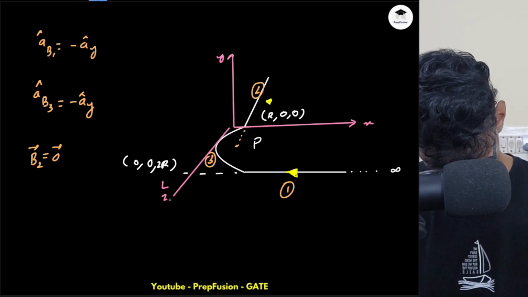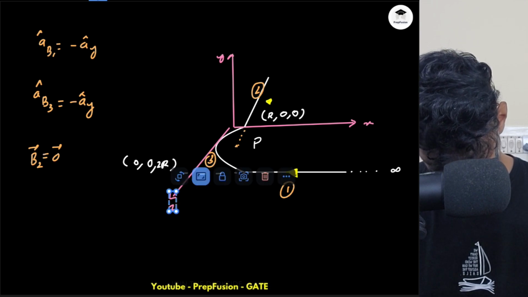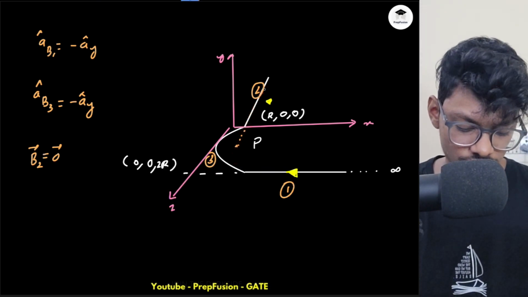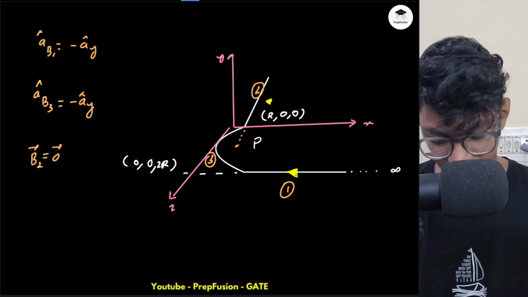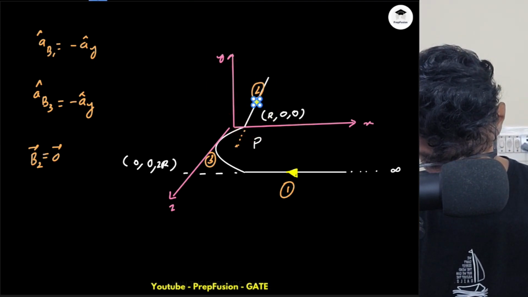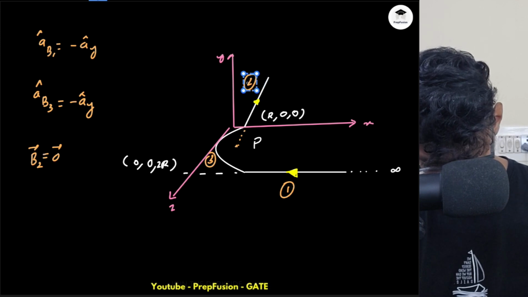So if this is a straight line, this wire will not contribute to any magnetic field, so I can just ignore this.